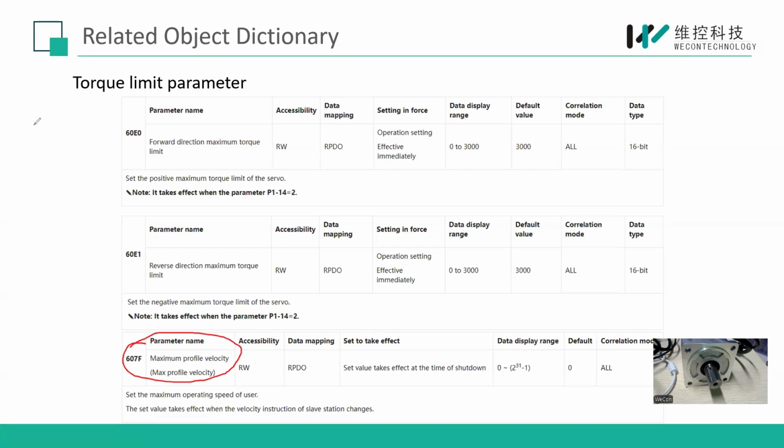For a 17-bit encoder motor, 1 rotation per second is 60 RPM. This is the unit of 607F.